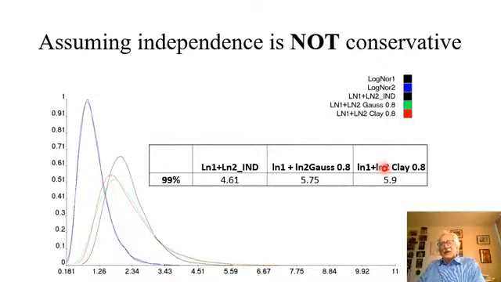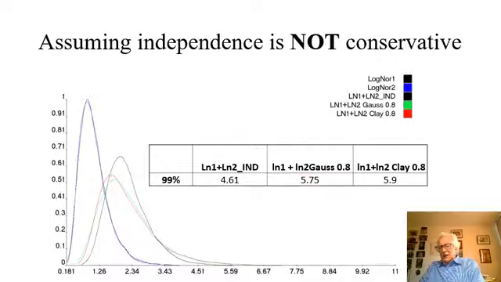If I look at the sum with the Clayton copula, also correlated at 0.8, then the 99th percentile of the sum is 5.9, not 5.7, but 5.9. So in any case, you see the biggest effect is to ignore the dependence if it's there. But given that it's there, you also want to think about whether that dependence is concentrated in the tail or spread out over the whole distribution or whatever else.